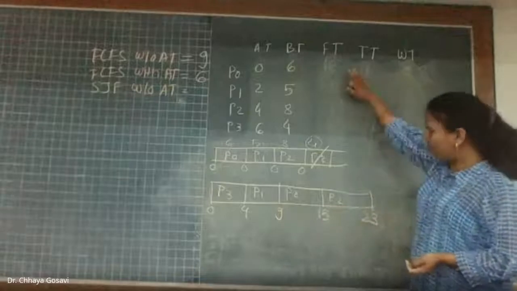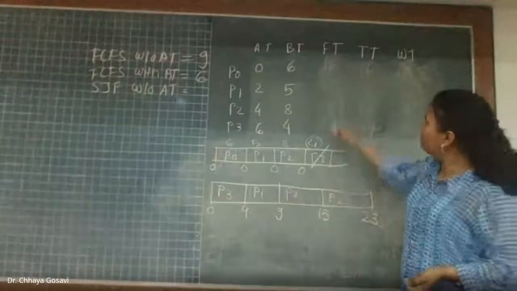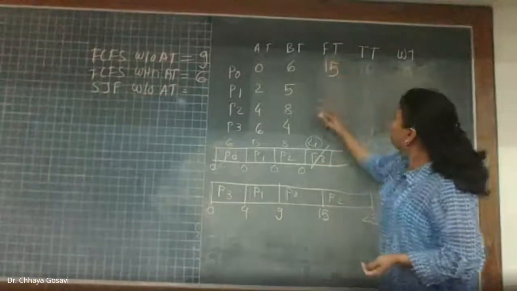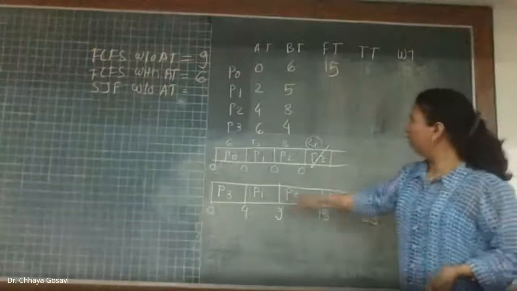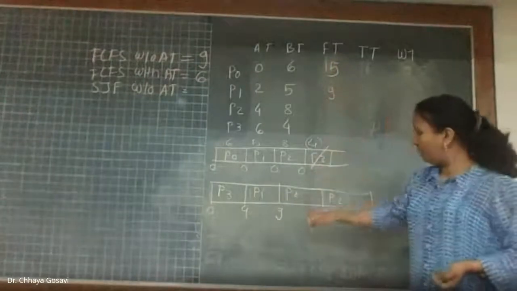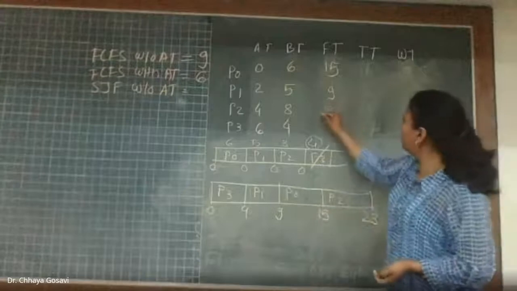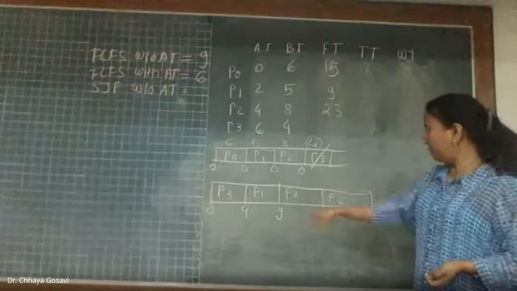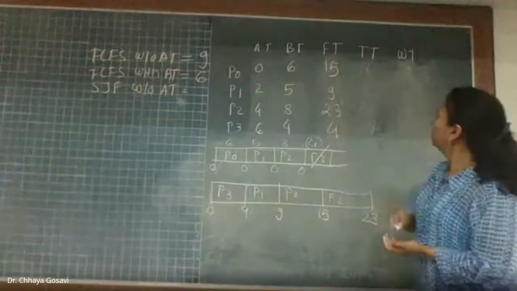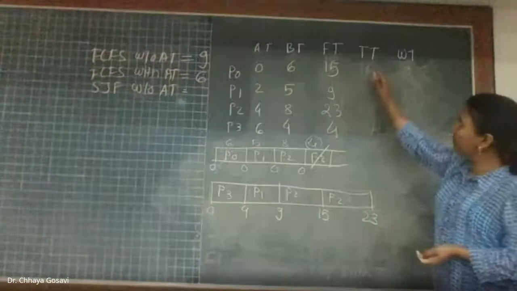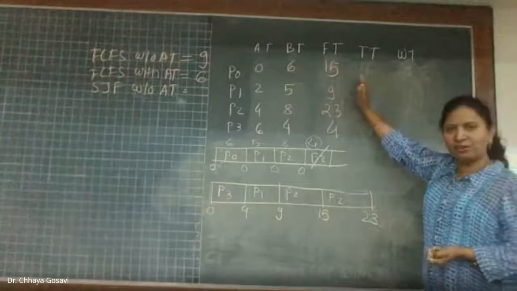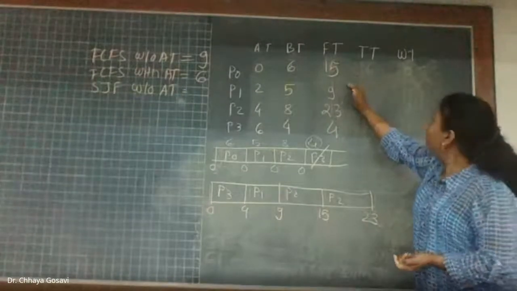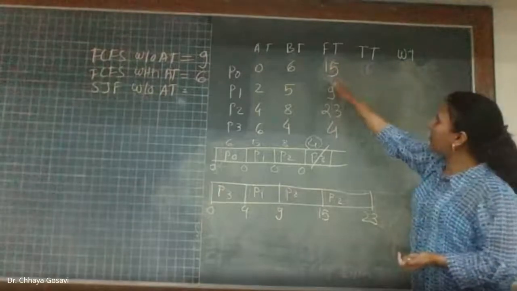So finish time for P0 is 15. For P1, 9. For P2, 23. And P3, it is 4. Turnaround time is similar to finish time because we are not considering arrival time here. And wait time is finish time minus burst time.